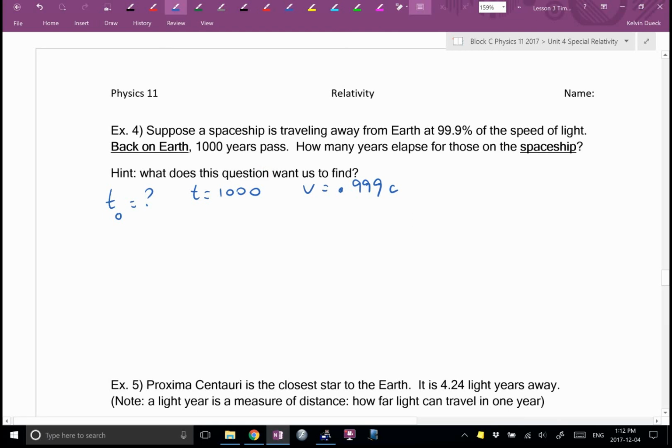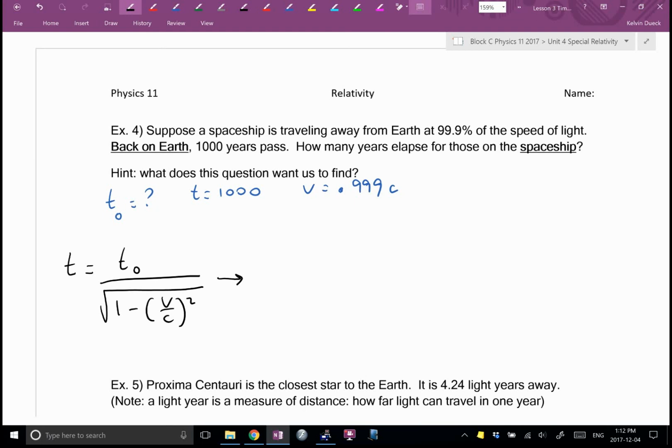All right. Now, our equation is this. T equals T0 divided by the square root of 1 minus V over C squared. Except, Dylan, what does this question want us to find? T0. How would I get the T0 by itself?